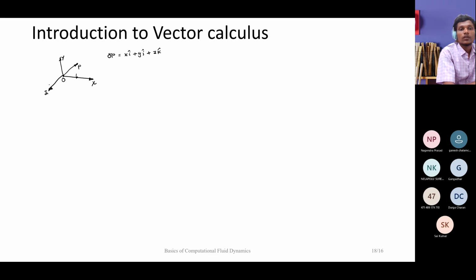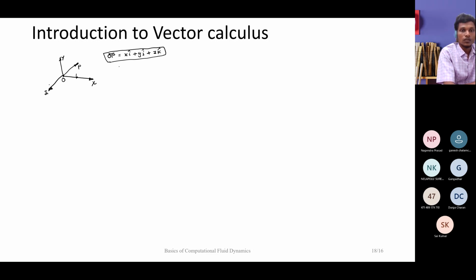Using this vector notation we see the position at some distance from the origin. Here i cap is the unit vector in the x direction, j cap is the unit vector in the y direction, and k cap is the unit vector in the z direction. You already know these basics from your mathematics or physics, how to define a position vector.